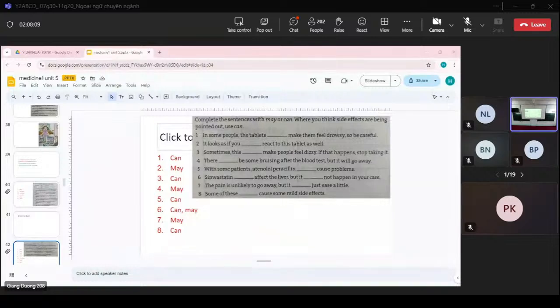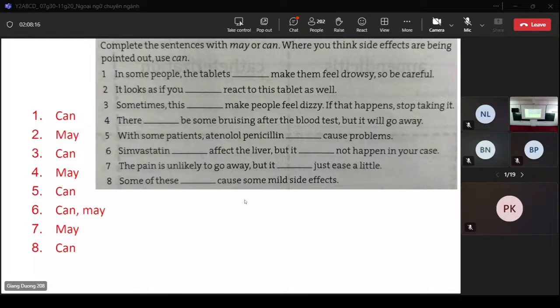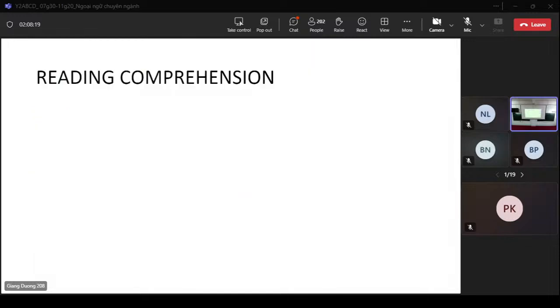Mình đi tiếp nha, cô đang chia sẻ màn hình nha các bạn. Nào, reading comprehension.